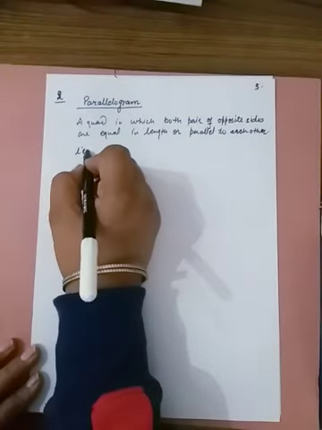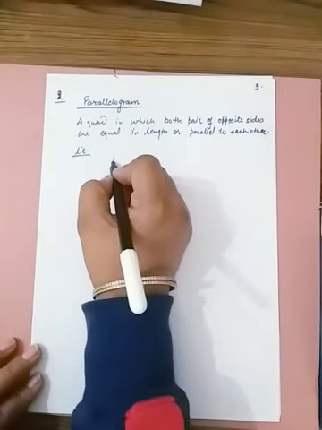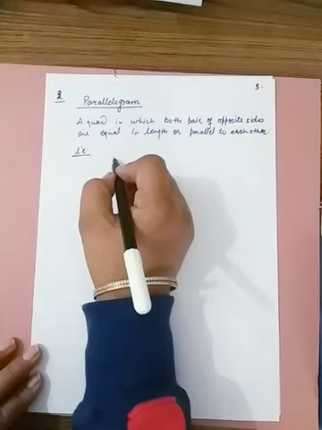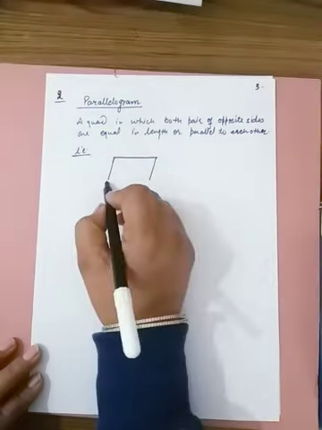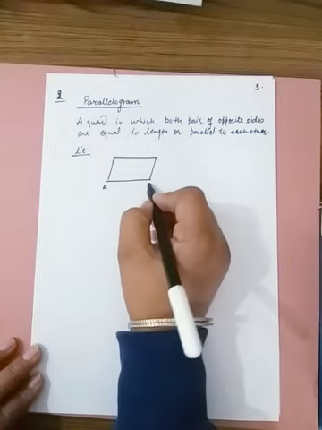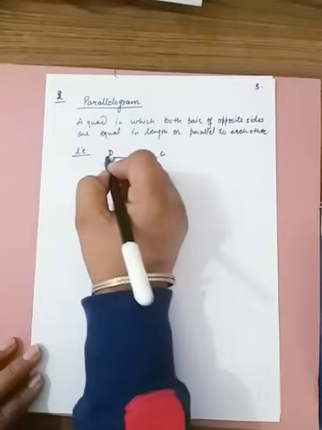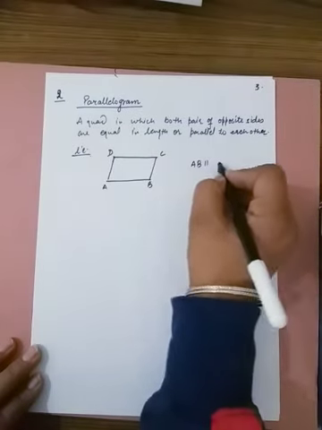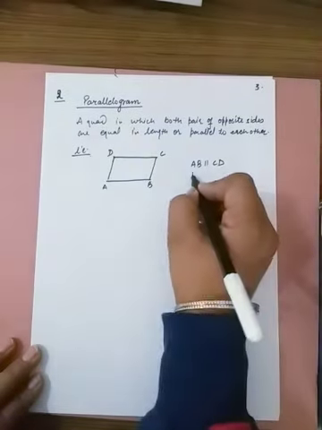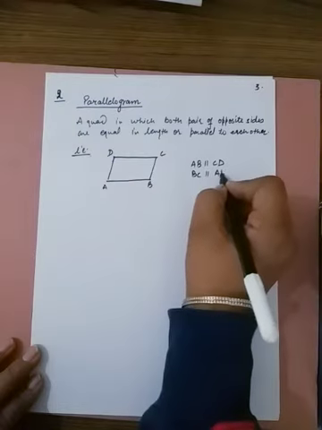Means suppose this is a parallelogram ABCD, meaning AB is parallel to CD and BC is parallel to AD.